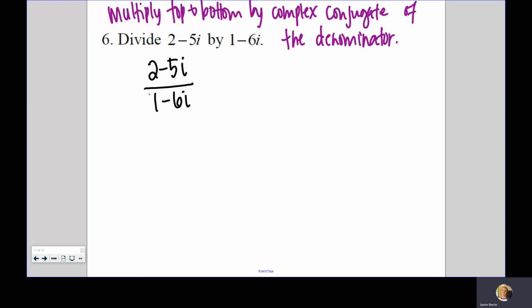So you look at your denominator and figure out what the complex conjugate is. It would be 1 plus 6i, just changing the sign in the middle. That's what you're going to multiply the top and the bottom by.